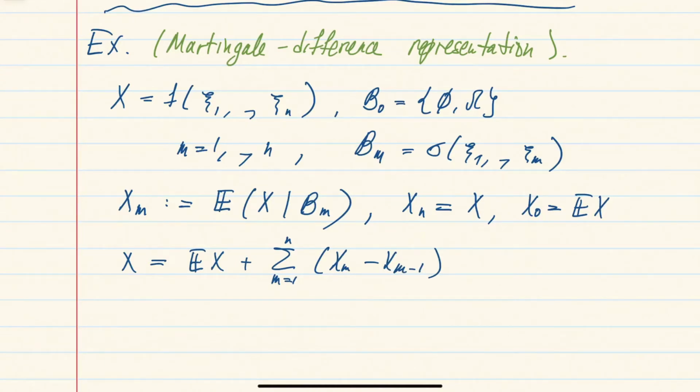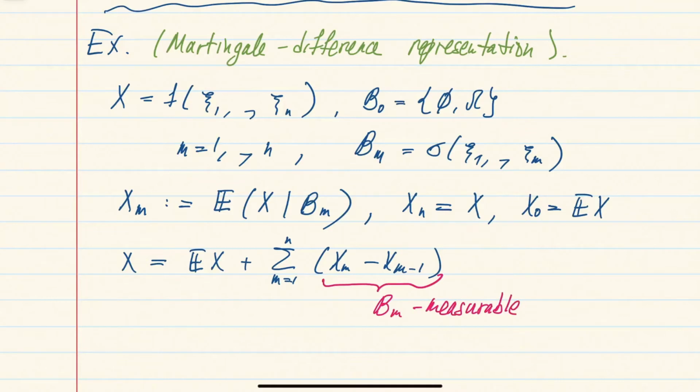Okay, and so we call this a martingale difference representation exactly because this sequence xm forms a martingale, and we look at the sum of their differences. So in particular, if you look at this increment here, you can see that it's Bm measurable.